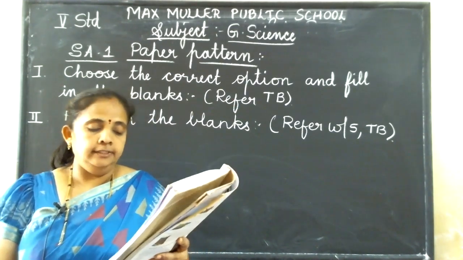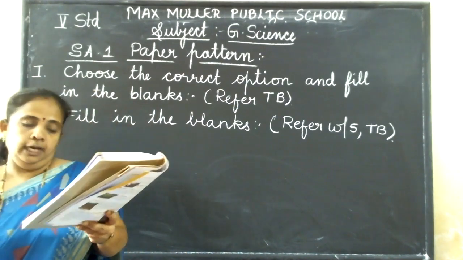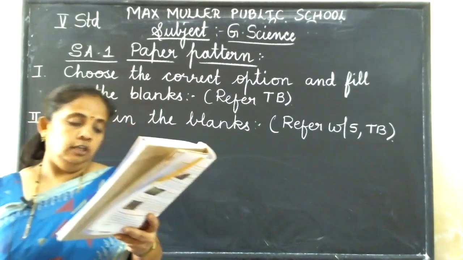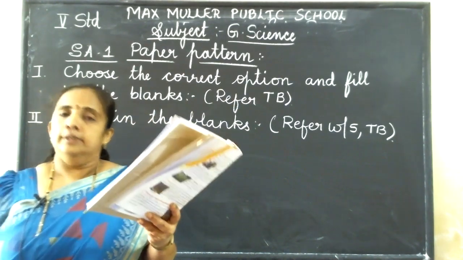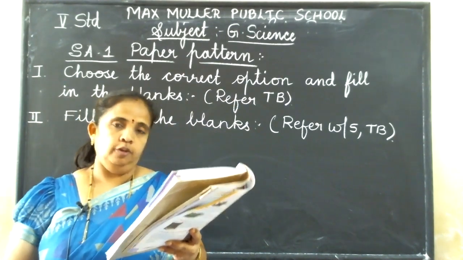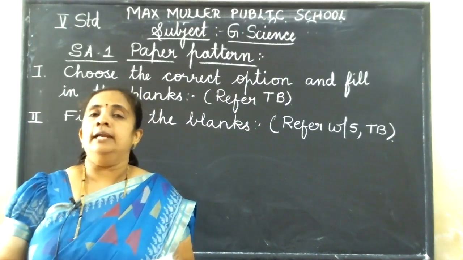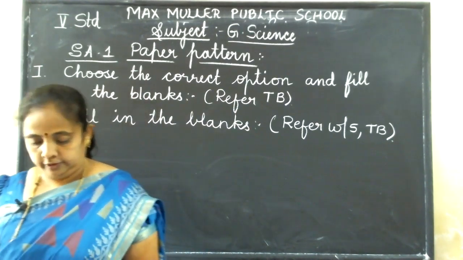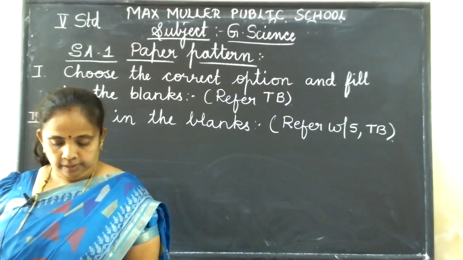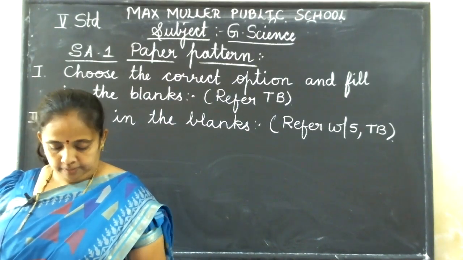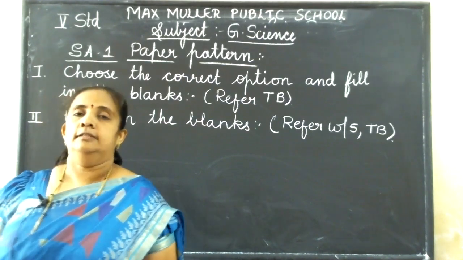Third, cotyledons contain food for the baby plant. Fourth, the scattering of seeds away from the mother plant is called dispersal. Fifth, potato is an underground stem. So this is the first lesson fill in the blanks. Next, page number 19. Second lesson you have.